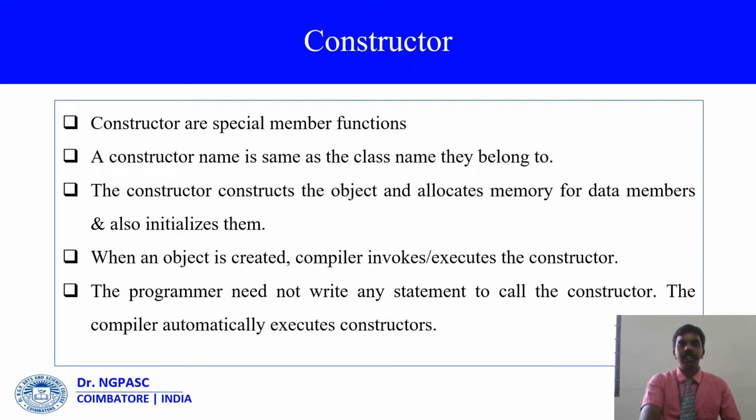Whereas a constructor may or may not accept arguments. The functionality of a constructor is that it constructs the instance of a class as well as allocates memory for all the data members defined in that class, and if required, it initializes those data members.